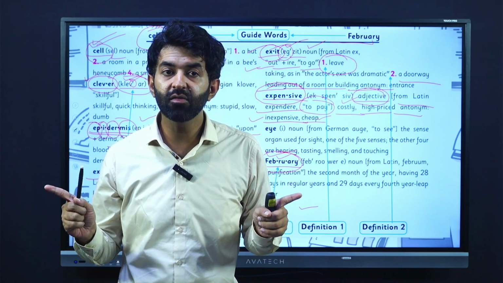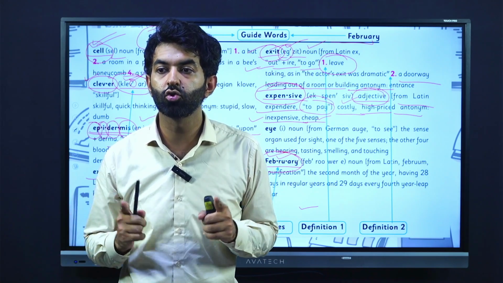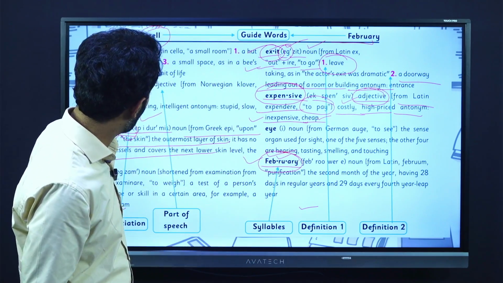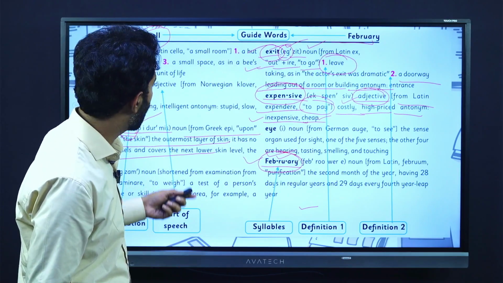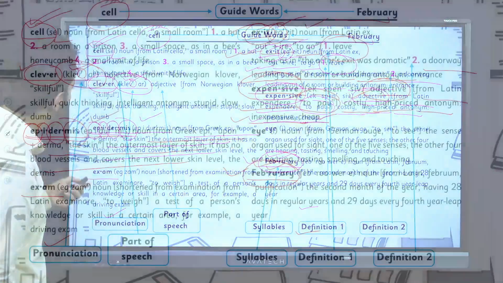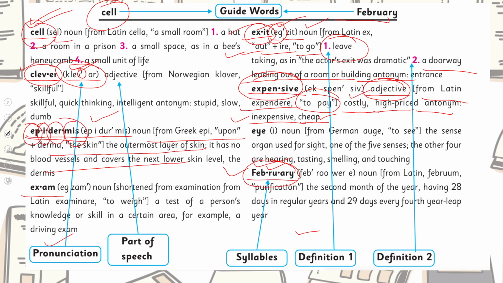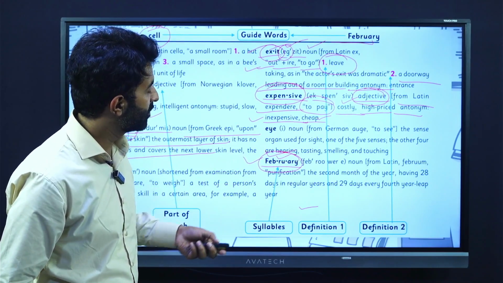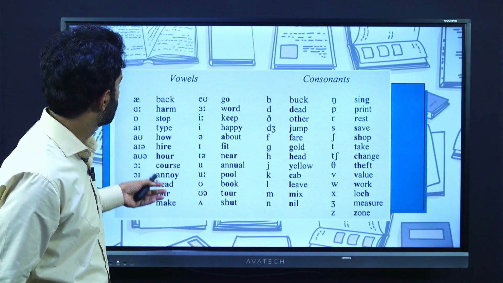But without any vowel, you cannot break down the word into different syllables. So I hope it is clear. We have different definitions and all these different examples. Guide words, the entry word, we have pronunciation, definitions, etymology, syllables and pronunciation, and also we have so many different things over here.